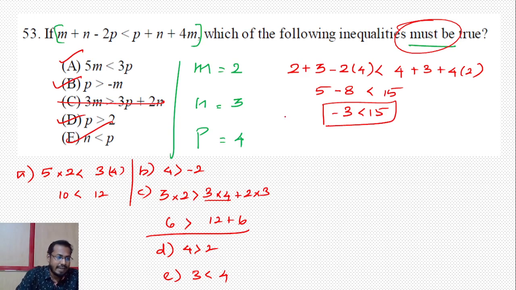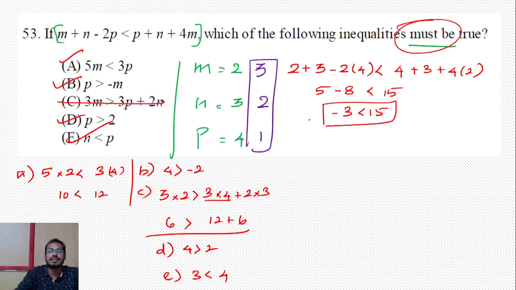Okay, I will take 3. Wait. I am going to take 3, 2 and 1. It was in descending order. Now take these numbers and check. First we need to check the question. So m is 3 plus n is 2 minus 2 into 1, p, right?